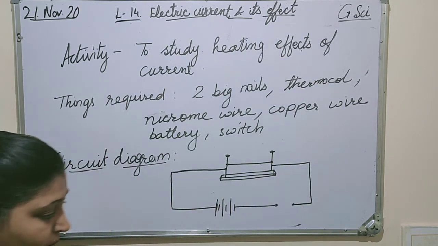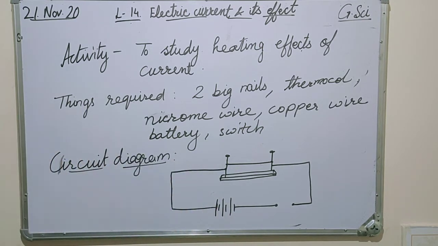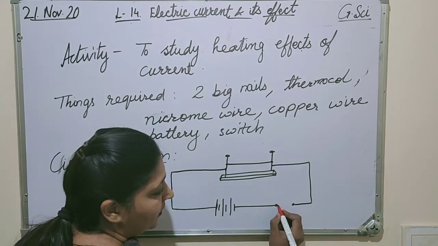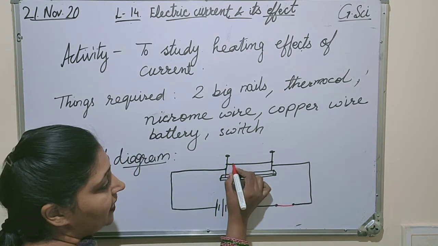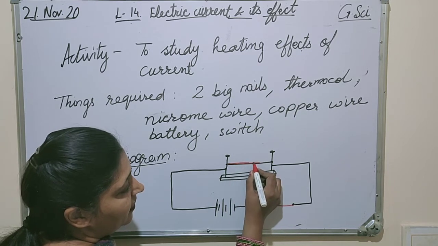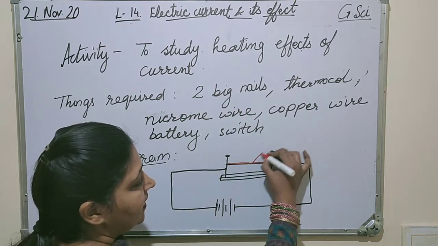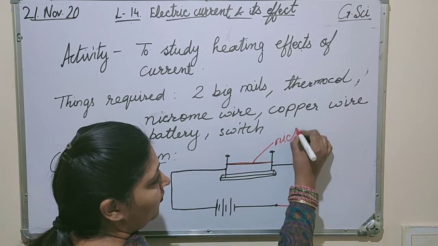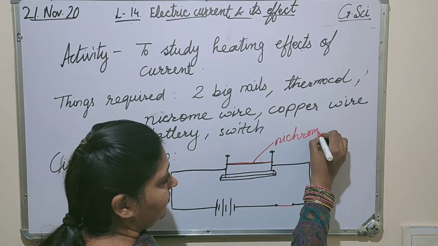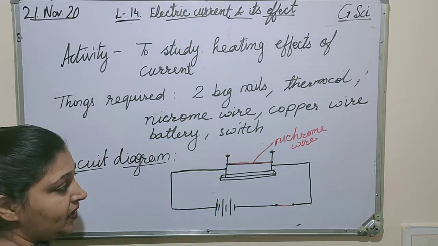I hope it is clear. When we switch on the circuit for some time, this wire gets heated and after a certain time it becomes red hot. So what is it? It is a nichrome wire. This shows the heating effect of current.